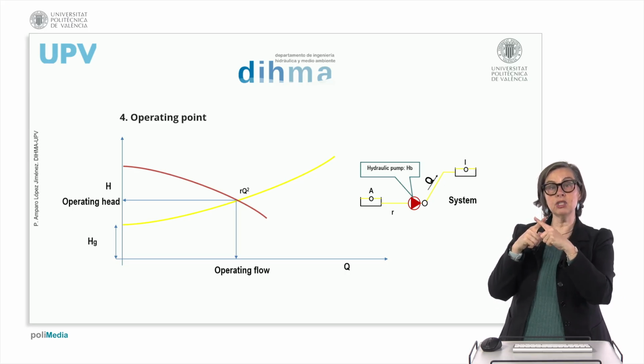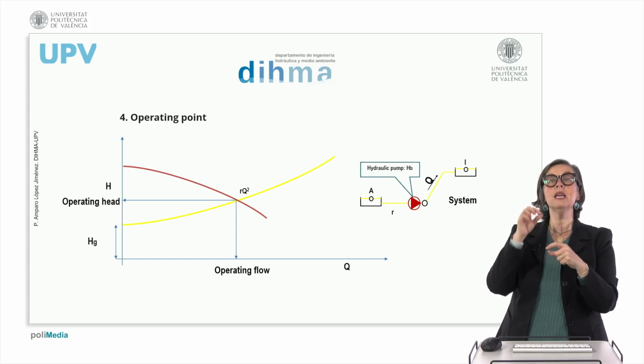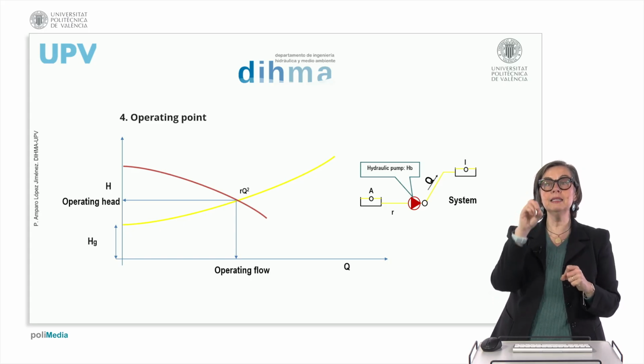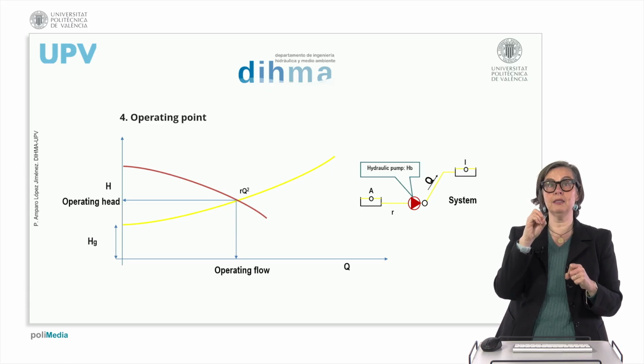And this intersection lets us know at which particular point the system will be operating.